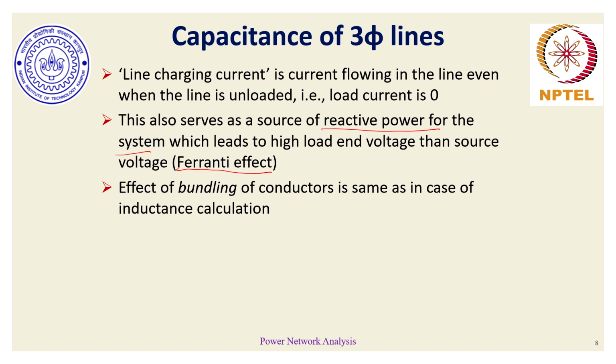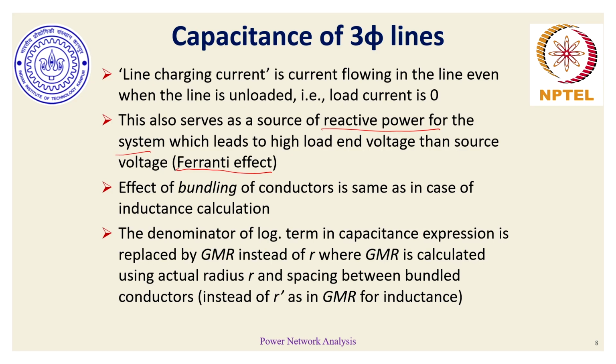In the next discussion, we will see numeric examples of how these evaluations can happen. And as I mentioned, the log term in the capacitance would have GMR instead of actual r, where GMR is calculated based on actual radius, not the r dash, which is commonly used in inductance evaluation for bundled or composite conductors. So with that, we conclude our discussion of capacitance of three-phase lines.